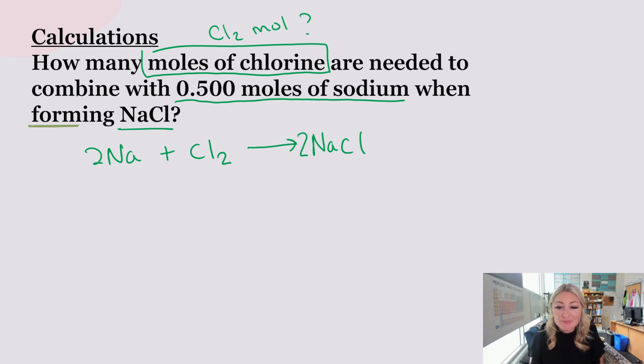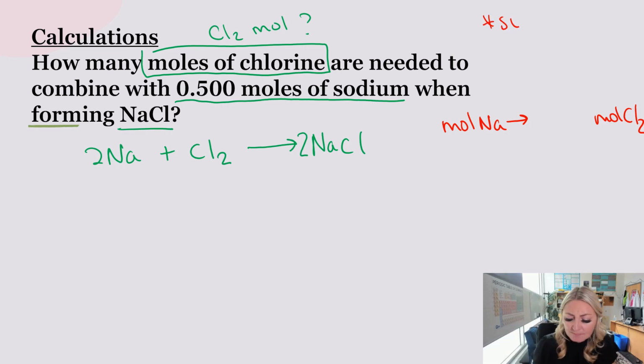So the next step is to figure out where we're starting and where we're going, and then we'll figure out what ratios and conversion factors are needed to get from point A to point B. So we are starting with moles of sodium, and they want us to go to moles of chlorine. Anytime you see the substance change, that should be a red flag.